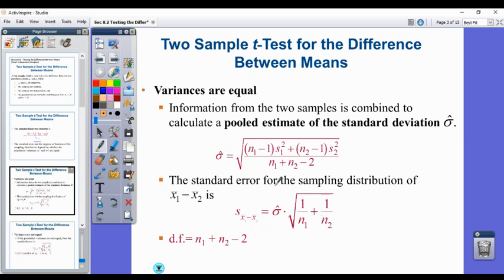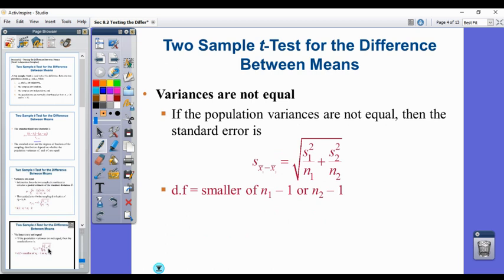I'm going to show you what I mean with that when we run through an example, because I know I'm throwing a lot of formulas at you right now. So essentially, what we are going to do when your variances are not equal is your degrees of freedom is going to always be the smaller sample size. And you're going to use this formula for your standard error.